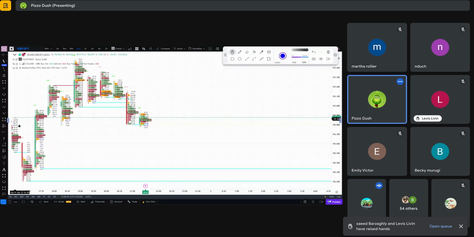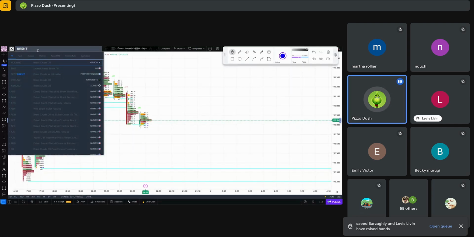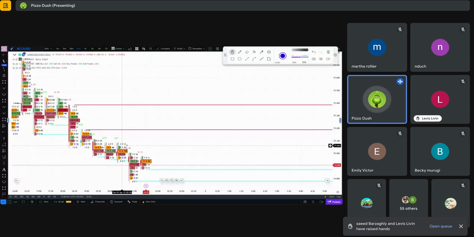Another question: for things like oil, do we use the same X-Chief or Pepperstone? For oil, US oil, and also Nasdaq. Let me check US oil. Let me check whether Oanda has good volume. Yes, Oanda has good volume on US oil, so it's still okay to use Oanda on US oil.